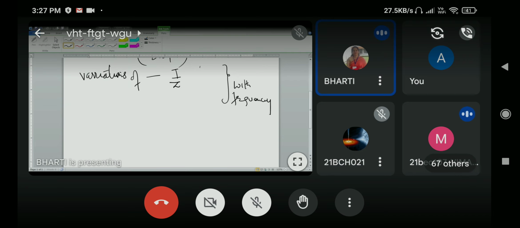We talk of Z, we talk of R, we talk of XL, we talk of XC, net reactance. So these are all parameters we had discussed for the variation with frequency, with some graphs.